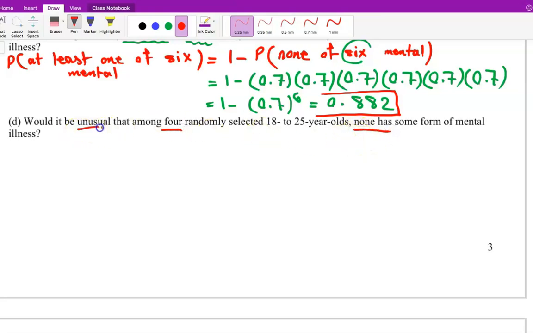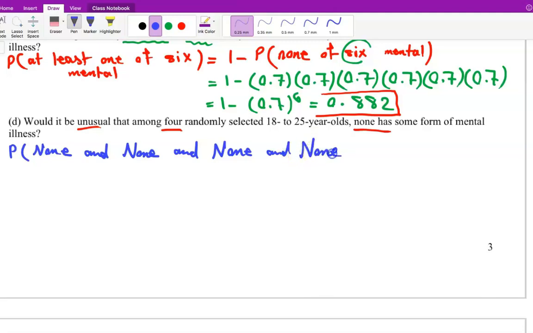And it's asking if that one is unusual. So here we have 1, 2, 3, 4.